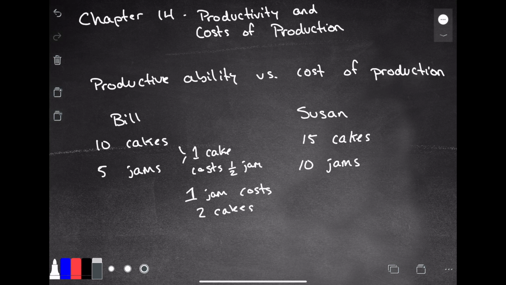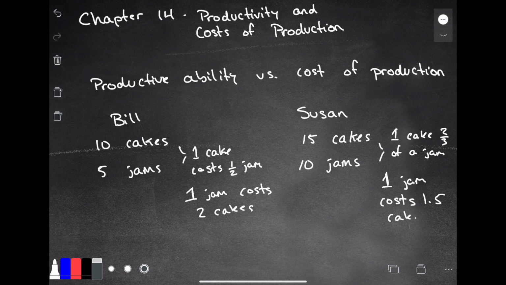Every time Bill makes 1 jam, he gives up the opportunity to make 2 cakes. Susan, on the other hand, if we look at her numbers, 1 cake costs 2/3 of a jam. And likewise, 1 jam costs 1.5 cakes.